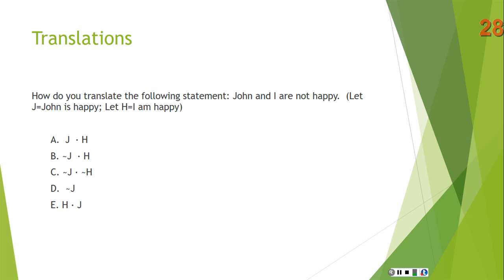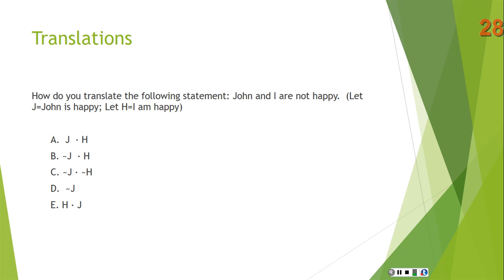A is not the proper way to translate it because all that's saying is John is happy and I am happy. There is no tilde negating the statements. B is not the proper translation. That says John is not happy and I am happy. But I am not happy. The statement itself says that I am not happy, so that would be improper.